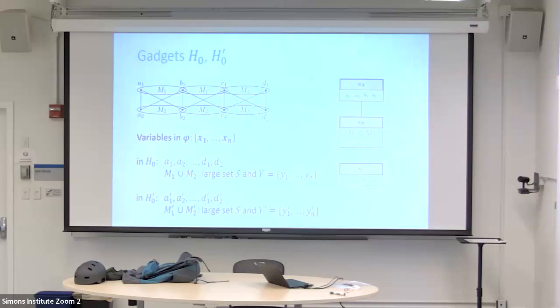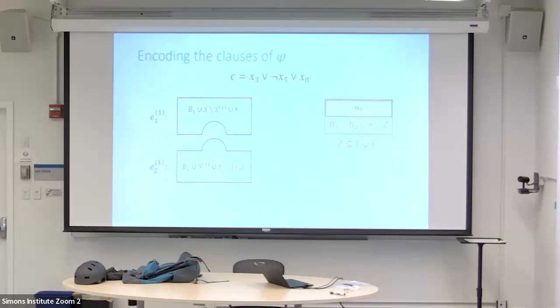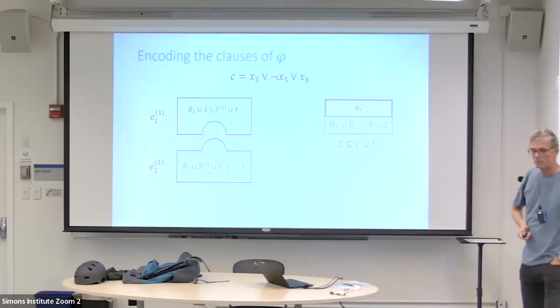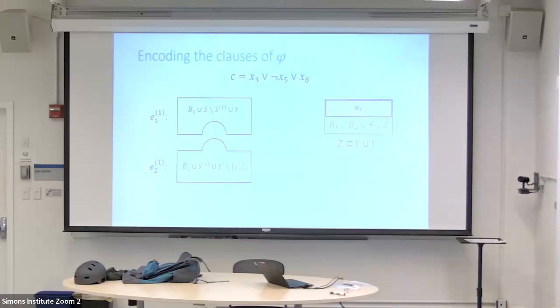Then we have to encode somehow all of the clauses. Suppose we have such a clause. All of the clauses have at most size 3, and each clause is encoded by 3 pairs of big edges. I only say one detail of these edges: on one hand there are sets B1, B2. I will not go into detail.